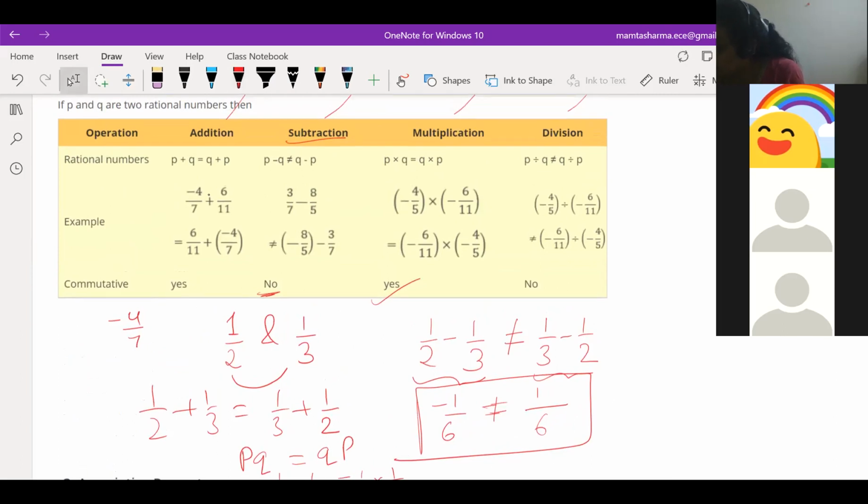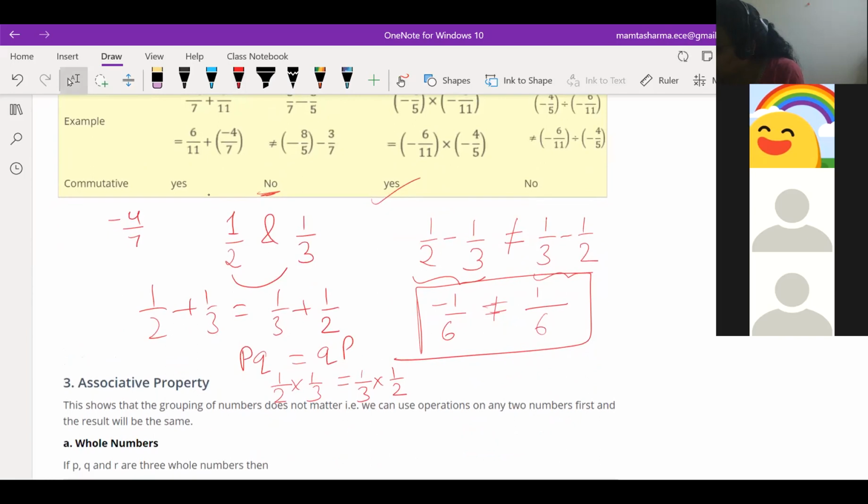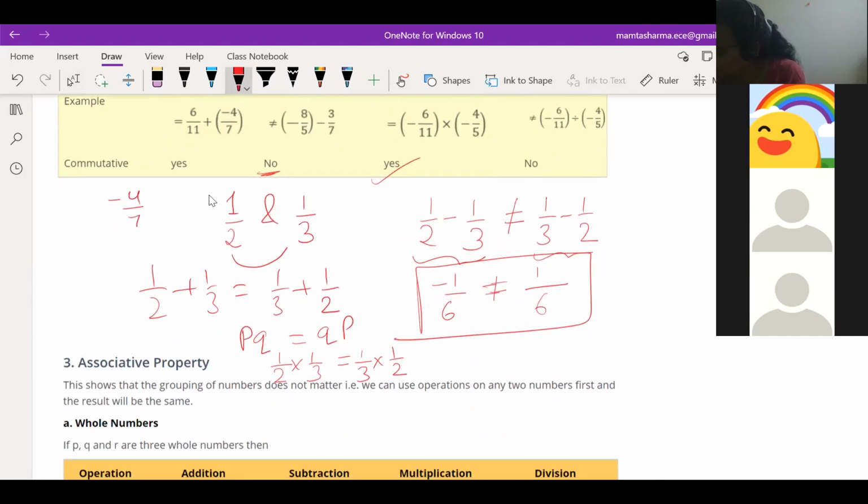Why? Because suppose 0 divided by 1 by 2 is 0, whereas 1 by 2 divided by 0 is undefined. Here, for division, p is 1 by 2 and q is 1 by 3. Will it be the same as 1 by 3 divided by 1 by 2? No, ma'am.